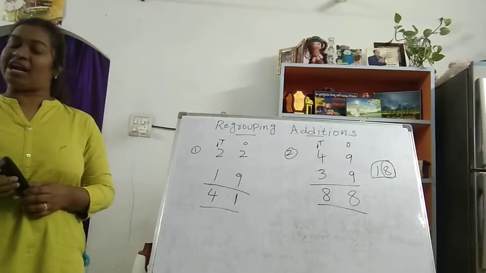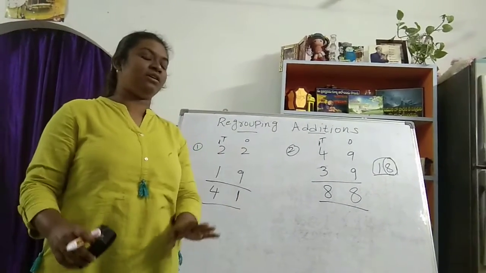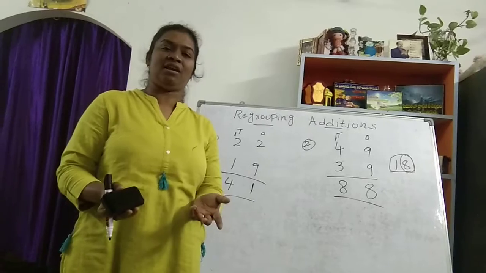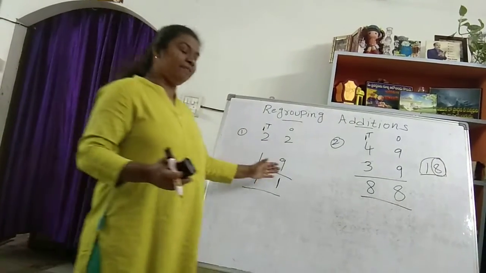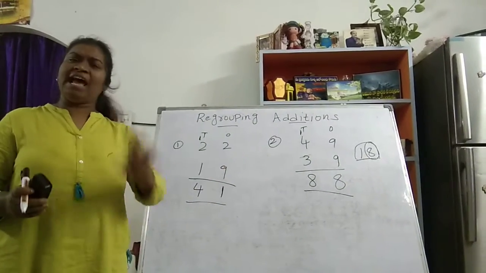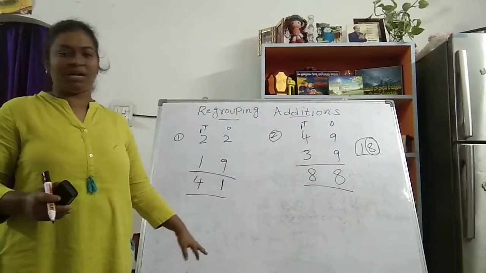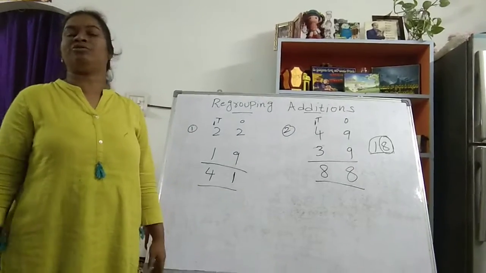Hope you all understood this. If you are not getting this, I'm going to explain again and again. But I want you to sit with your parents and clarify all your doubts. If you still have doubts, please message me, I will explain the same topic in the next class also.